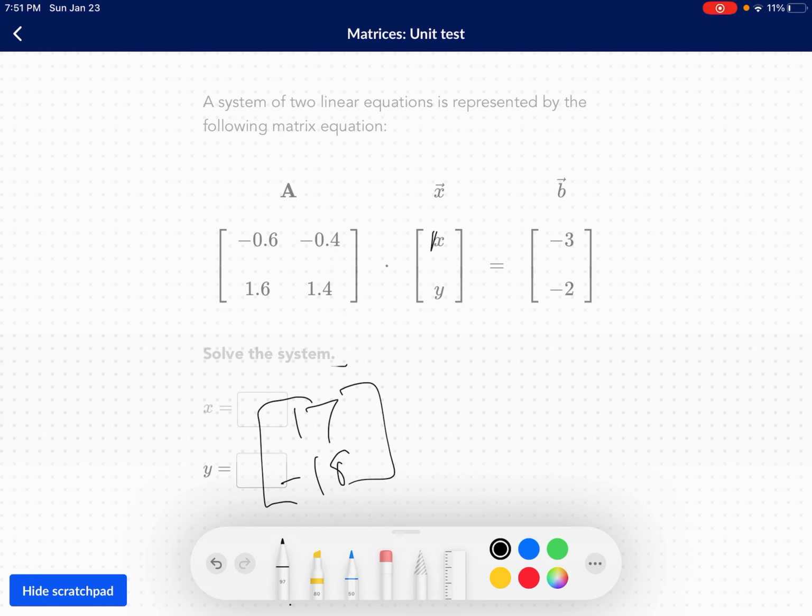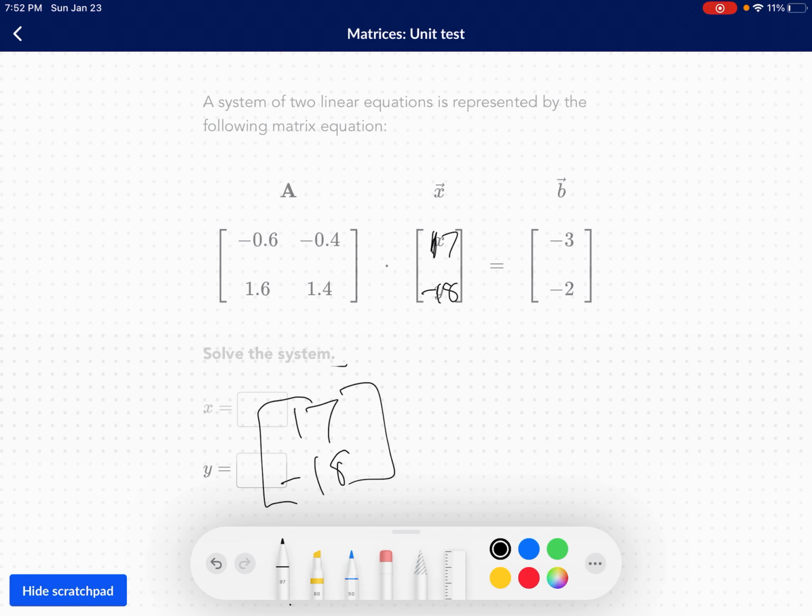So when x is 17 and y is negative 18, negative 0.6 times 17 plus negative 0.4 times 17... Oh wait, I did my checking math wrong.